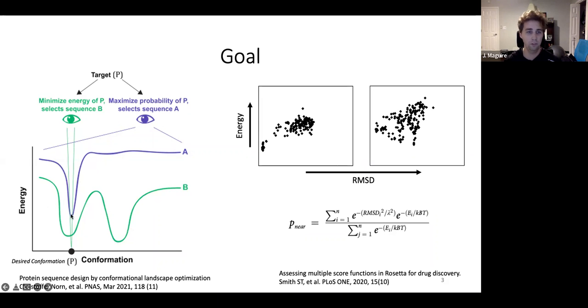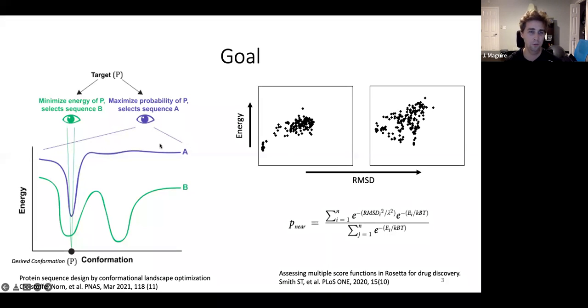So even though the conventional technique of minimizing energy at your conformation would select sequence B if you're doing sequence optimization for this conformation, in a lot of cases, sequence A is actually the preferable sequence. This is really just the mindset for this project and not necessarily directly tied to it. And I can't remember if this exact figure, but this has come up in previous VLMMLR talks from other speakers.